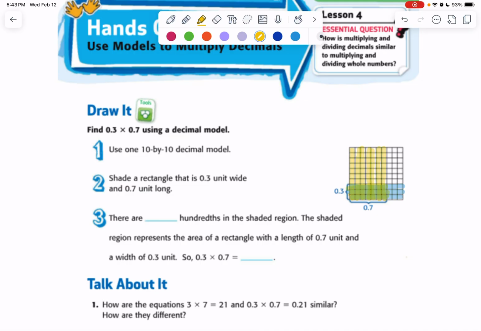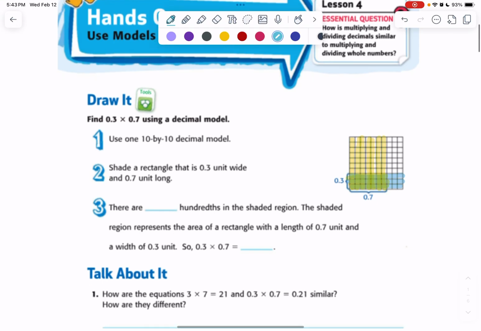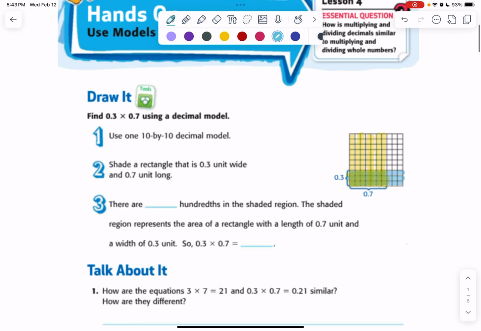Well, let's think about this. There are how many hundreds in the shaded region? That'd be 3 times 7. That'd be 21, right? 7, 14, 21 in the shaded region. So the shaded region represents the area of a rectangle that is 7/10 by 3/10.